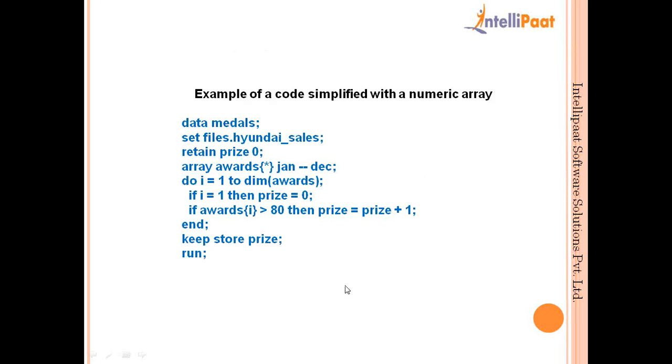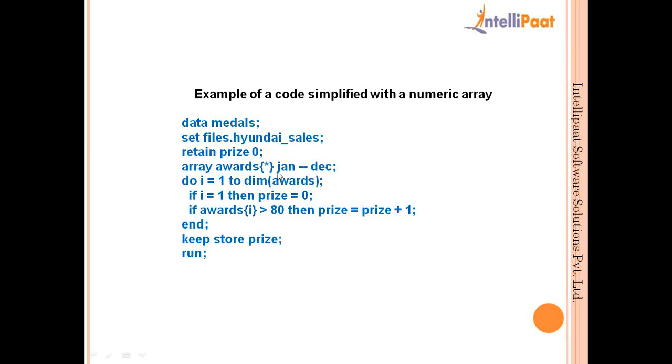Now we have an example here. You can see data medals is equal to sashelp.Hyundai_sales, then retain price, and that price is given as 0, array awards asterisk, then Jan to December.